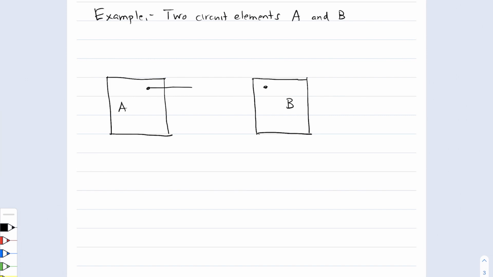There's a wire that runs and connects the two elements like so on the top, and there's a second wire that runs like so. Furthermore, they define for us already a voltage across the two wires like this with that particular polarity. That means that this top wire is at a higher voltage than this bottom wire. And there's a current that flows through the top wire like this and going from element B to A.